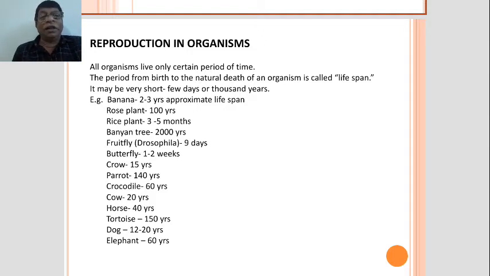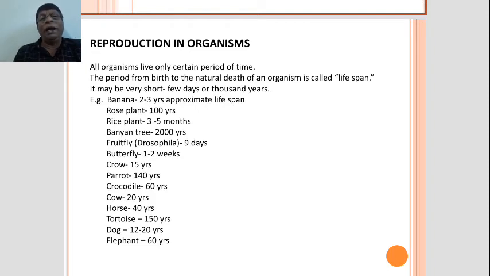Okay. If we examine the lifespan of rose plant, it is 100 years. No, you can't imagine. Rose is a shrub. It may live hundreds of years. Then rice plant.